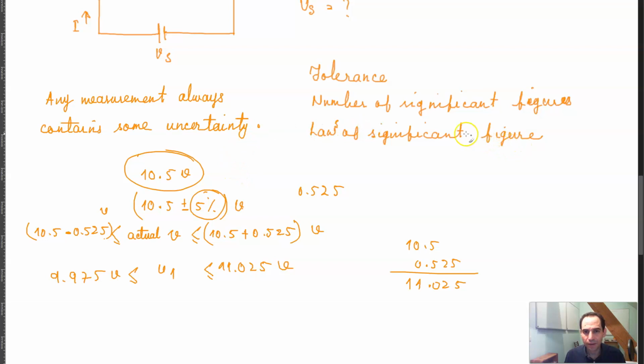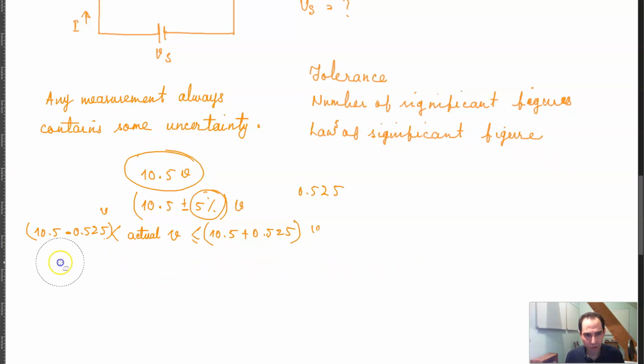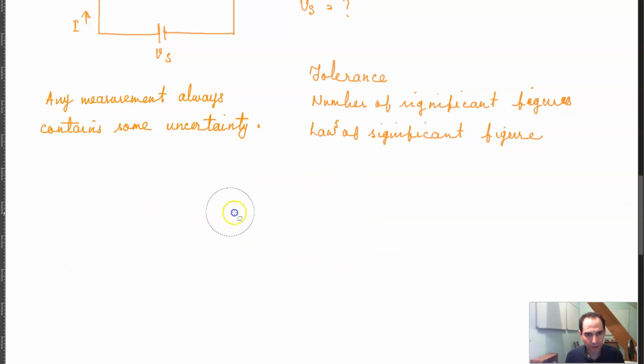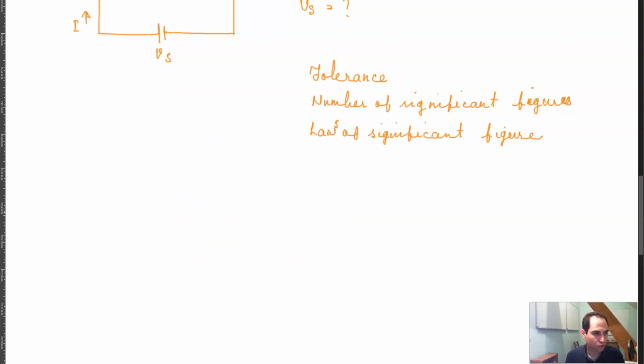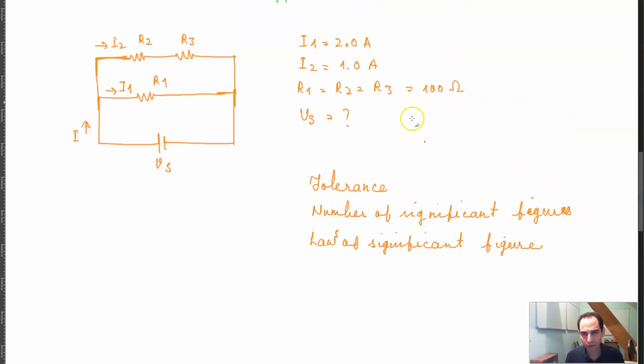Now, when you have the number of significant figures in your measurement, in calculation you need to take care of those significant figures. For example, when this current is written as 2.0 amp, that means this current is different from a simple 2 amp current.